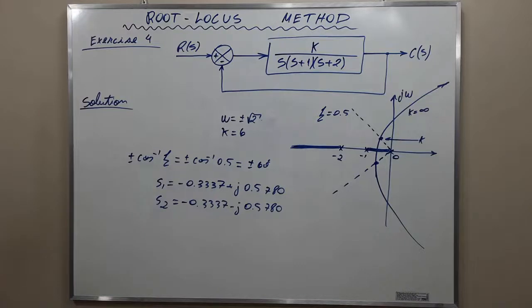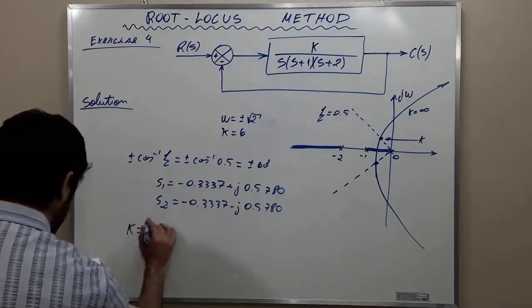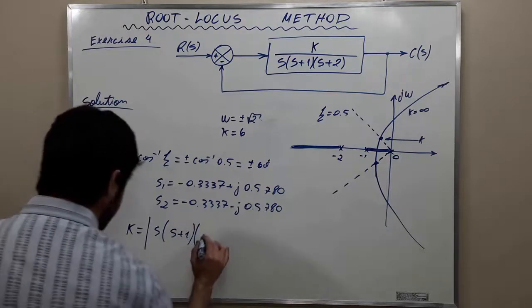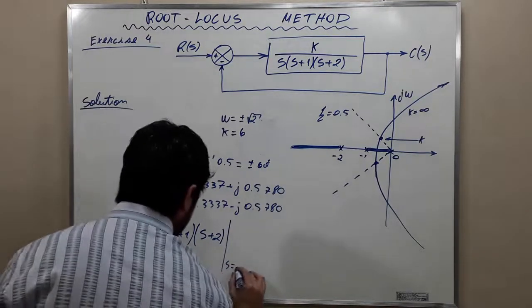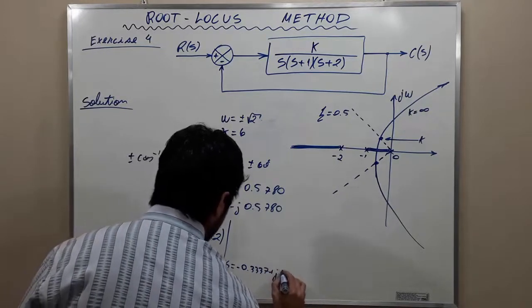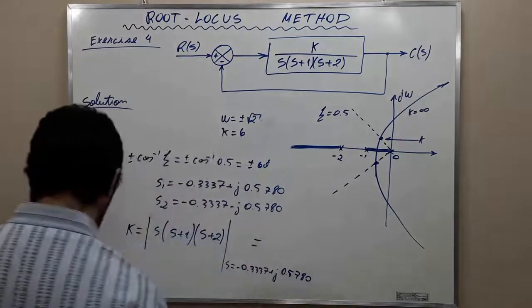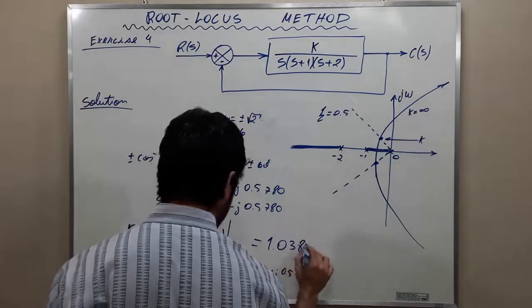We are going to find the value of K for such poles using the magnitude condition, and the magnitude condition leads us to K equal to the magnitude of s(s plus 1)(s plus 2), for s equal to negative 0.3337 plus j0.5780, and this gives a value of 1.0383.